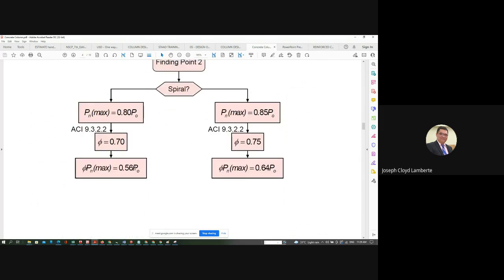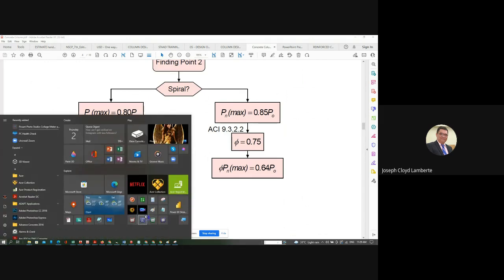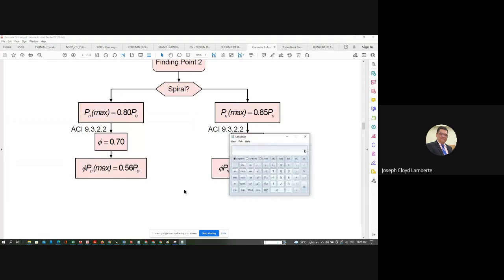So kanila gang 0.56 PO murag mo na siya ang 0.70 times 0.80 yata to. Okay? Ay 0.80 man. Yeah, 0.70 times 0.80. Mo na siya class 0.56 PO. So PN is 0.80 of PO.